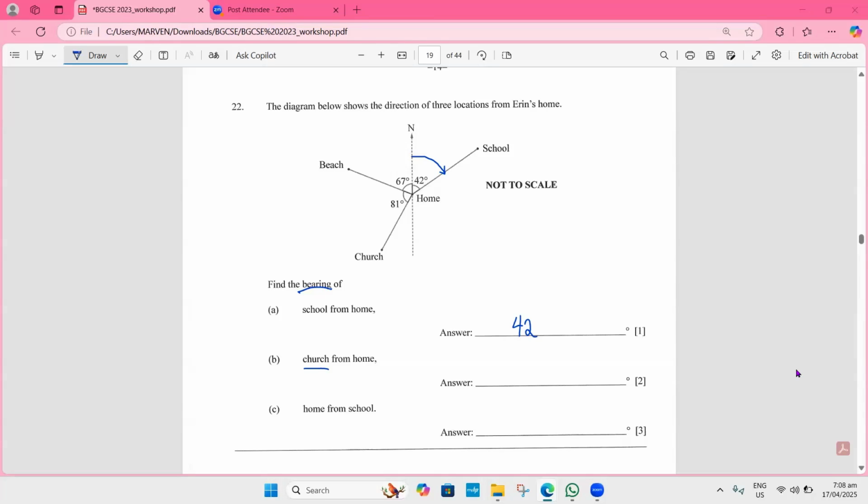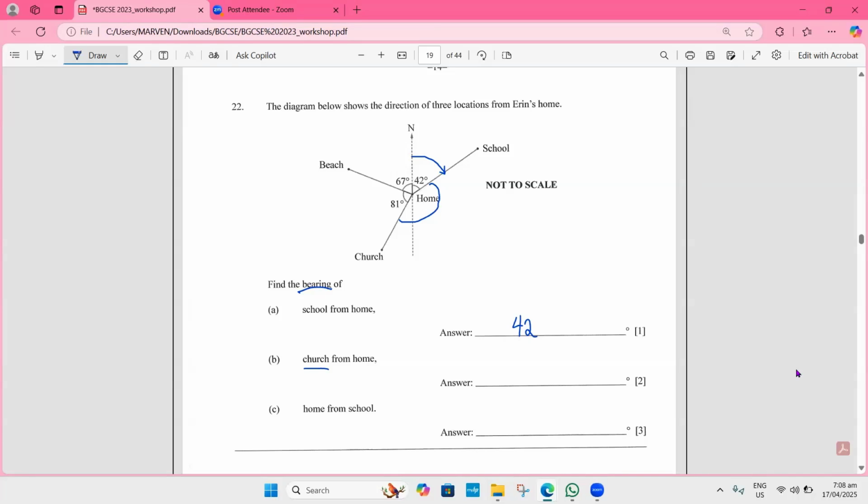First thing we need to do is to get the measure of this angle. What is the measure of this angle? You have 42, 67, and 81. One revolution, which means one circle, is equal to 360 degrees.